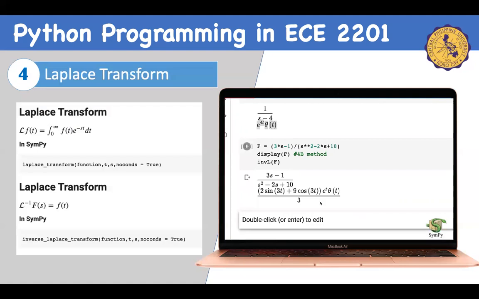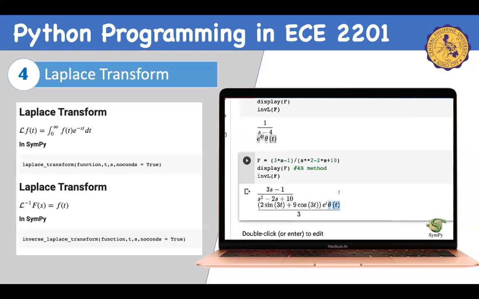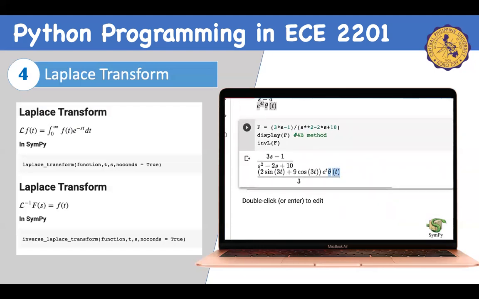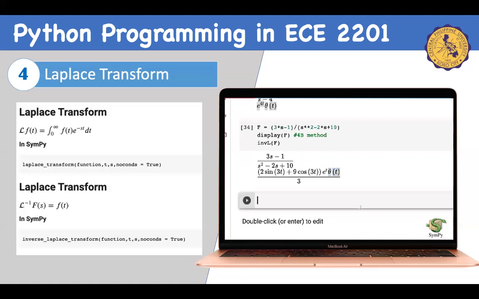Now that's the inverse Laplace transform of the buka-buka, bika-bika problem. So theta t is actually your unit step function here. Never mind, you can ignore it. It means that your function will have a value from 0 up to positive infinity.